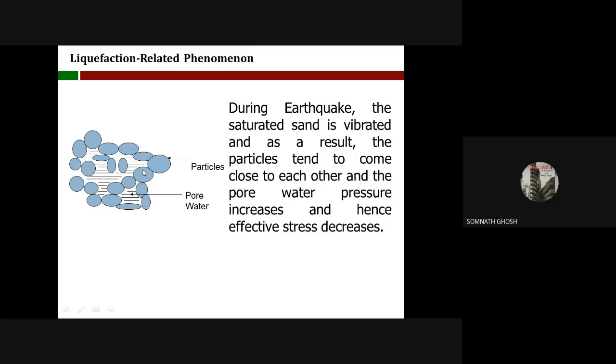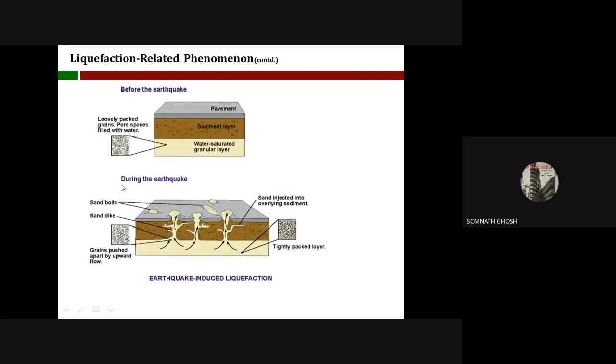And due to this entire phenomenon, ultimately the bearing capacity of the soil will decrease, or if there is a pile, then the skin friction will not be, I must not say zero, but it will reduce to a great extent, right?